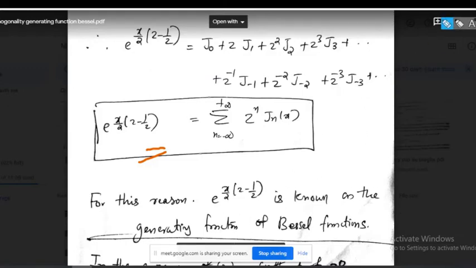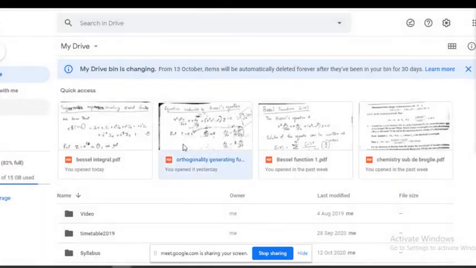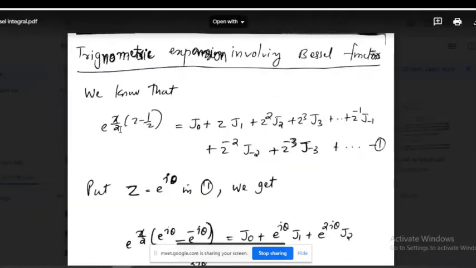So the generating function is completed. Now let's move on to the next topic, the Bessel integral.